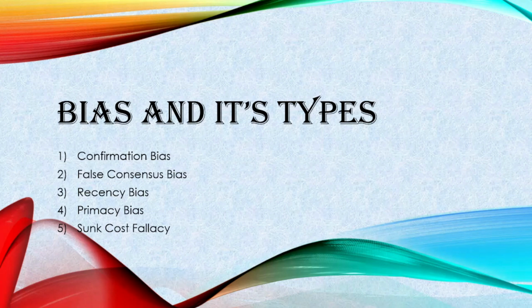Then the second one is false consensus bias. False consensus bias is the assumption that others will think the same way as you do, right? You tend to think that whatever you are thinking is something the other person is also thinking. In UX research, this happens when we overestimate the number of people who will agree with our idea, right? So you have to definitely avoid this bias also.